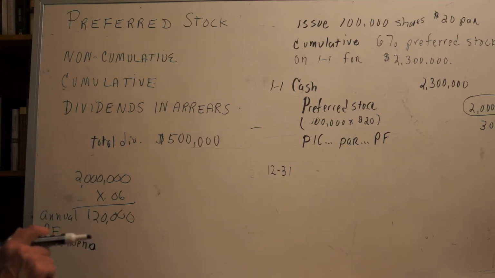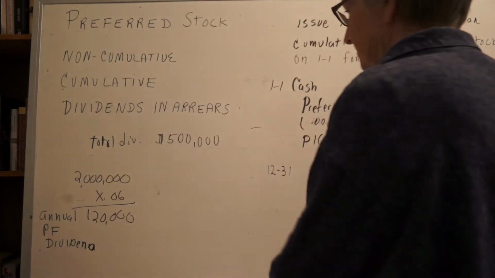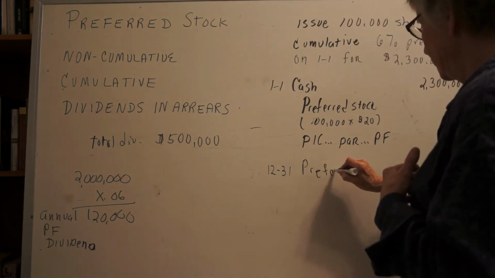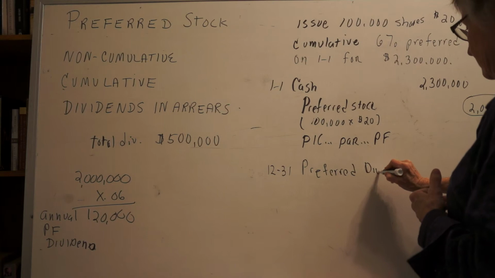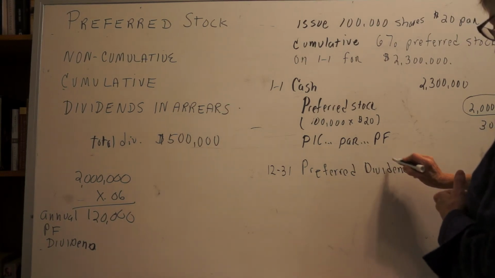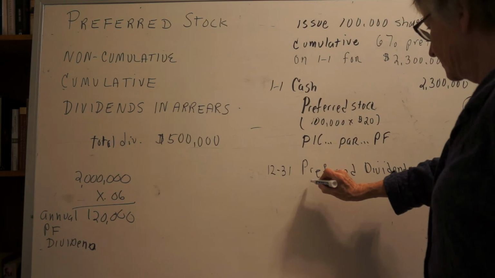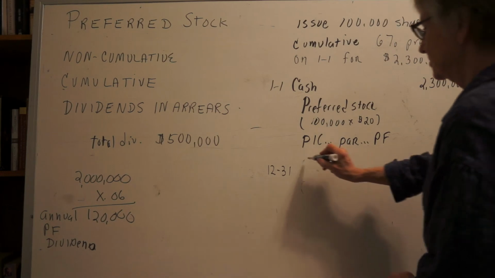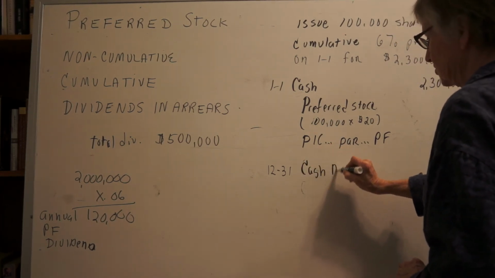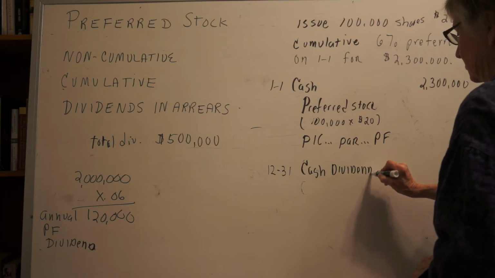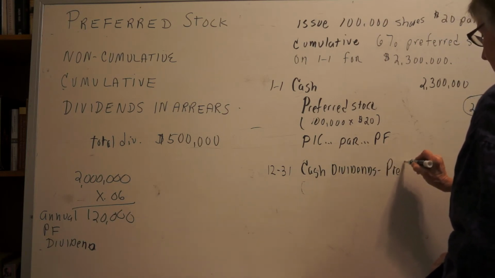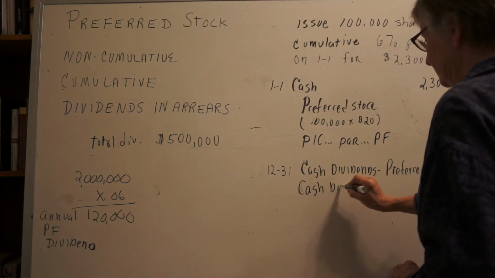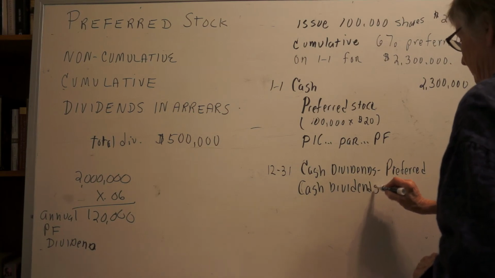So if it were non-cumulative stock, our journal entry would be preferred dividends, and then we would have our common dividends. Actually, let me do this a little bit differently. We would have cash dividends as opposed to stock dividends. So we'd have cash dividends preferred, and we would have cash dividends common.